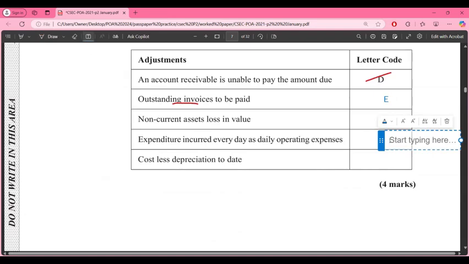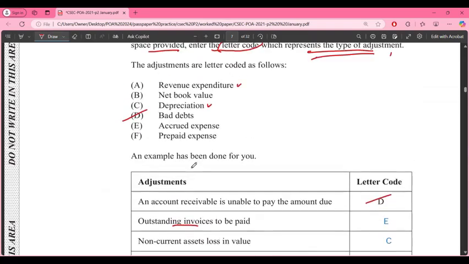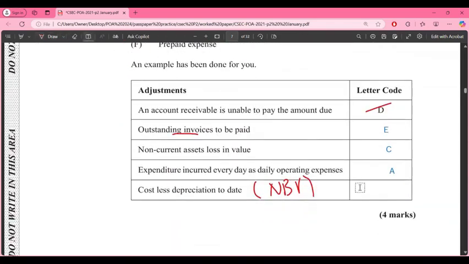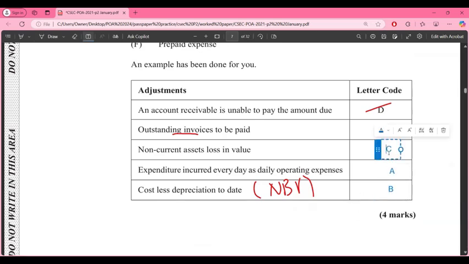So the expenditure incurred every day as your daily operation would be A, matches the definition. The final one is cost less depreciation to date. You know that is net book value. So you look to see, and that would be B. So that is B. And that would complete this section, and that's 4 marks. So get your 4 marks, get it done, and just move on to your other question.